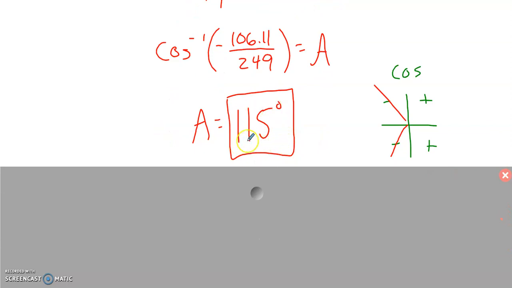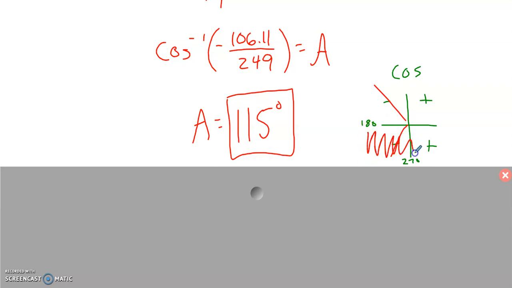However, that's just one answer. You have to know that there is another possible answer. Cosine is negative in quadrants 2 and 3. And do I really want a quadrant 3 answer? That's an angle between 180 and 270 degrees, and if you think about the angles in a triangle, there's absolutely no way an angle in a triangle can be more than 180 on its own.